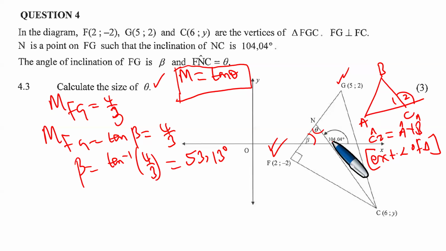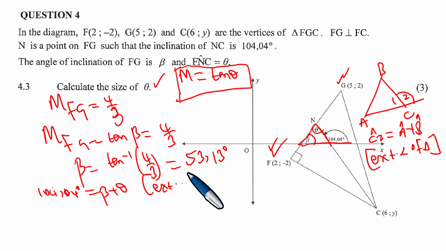So we have this exterior angle here. We have this little triangle that sits like this, so this angle here is equal to this plus that. We've already got beta. So the angle 104,04 degrees, being the exterior angle of a triangle, is beta plus theta.